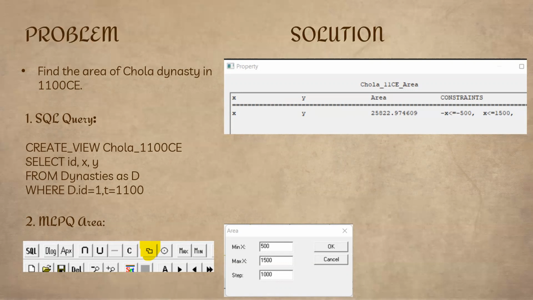So this will give the area between those two specific horizontal points. Here we got the area of Chola in the 11th century to be 25,822 something square units. So yes, this is another interesting query which we have implemented using the MLPQ system.